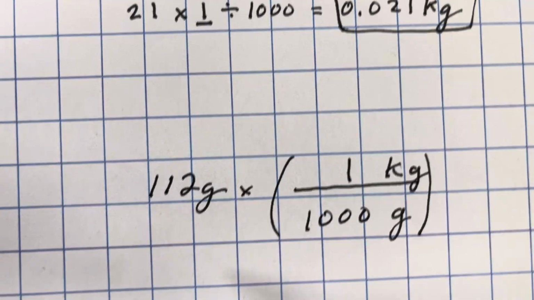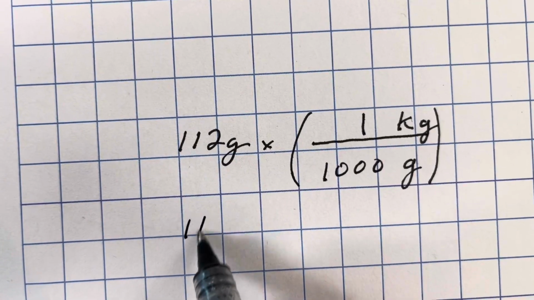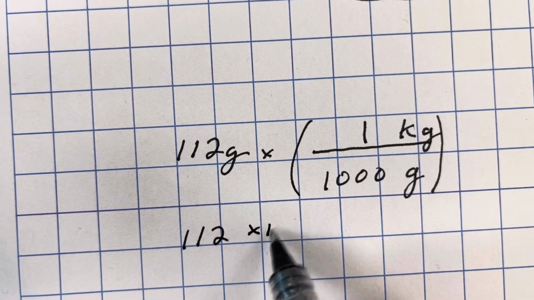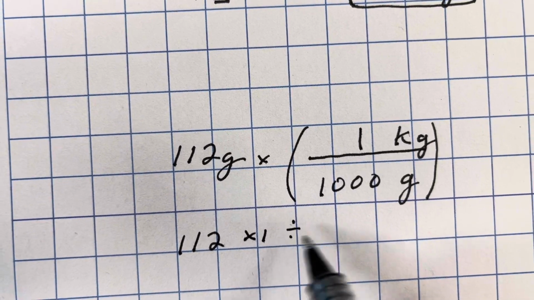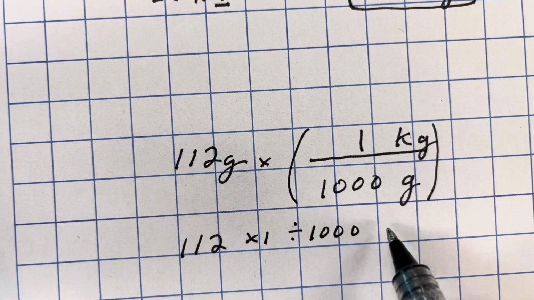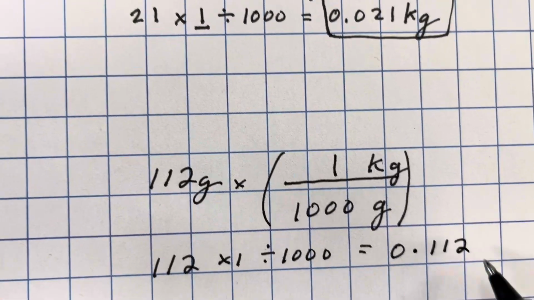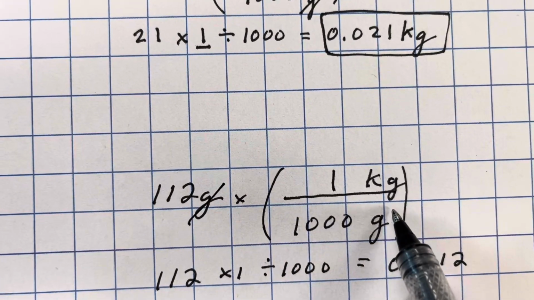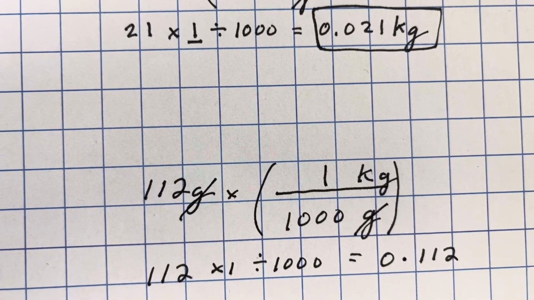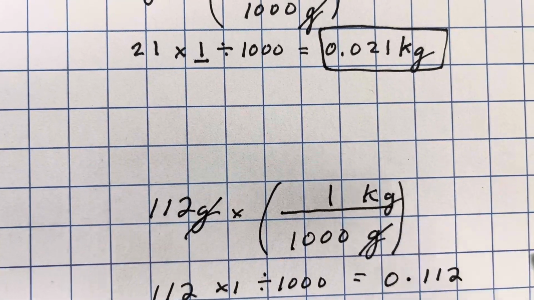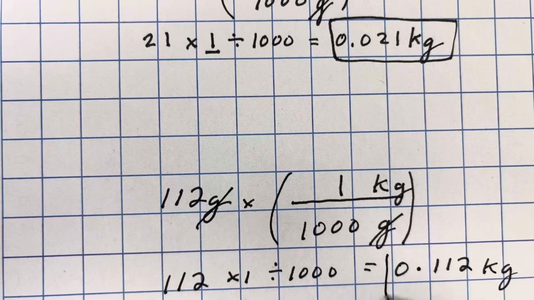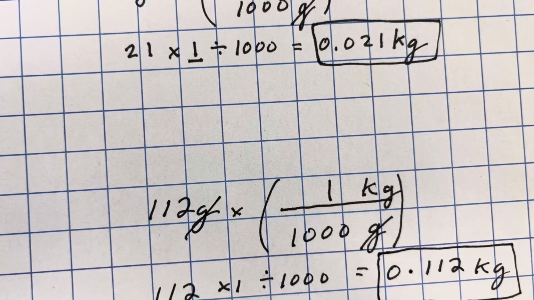So again, in my calculator, I would type in 112 times 1 divided by what's in my denominator, and you get 0.112. And grams divided by grams is 1, and you're left with kilograms. So that would be your answer right there.